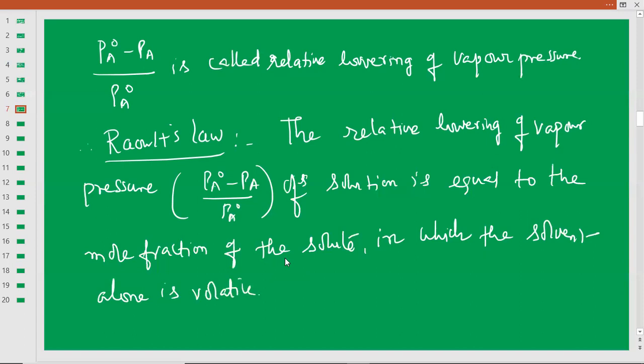Very clear. That means any point of time, if you are not mentioning about the nature of the solute, nature of the solvent, that is also wrong. But here we are very clear that solvent is volatile. If it is not volatile, it won't definitely contribute towards the vapor pressure of the solution.